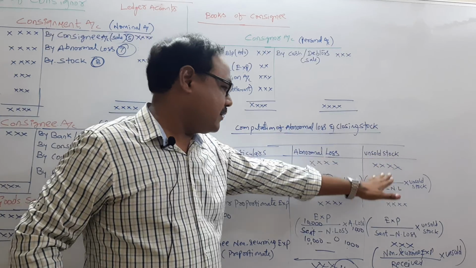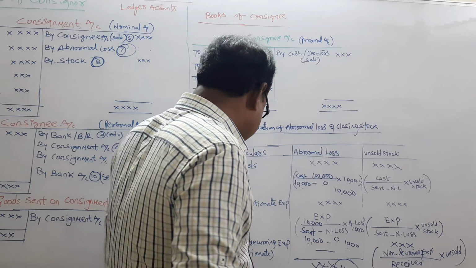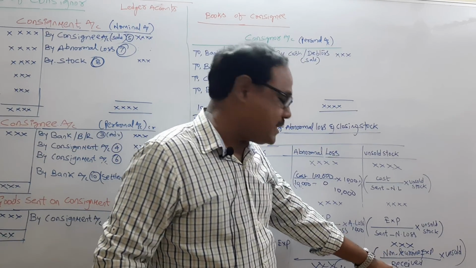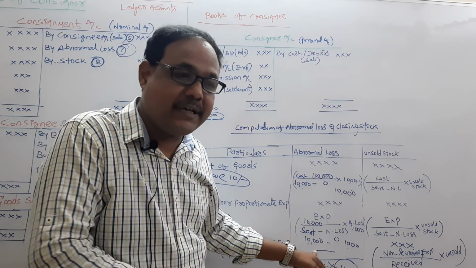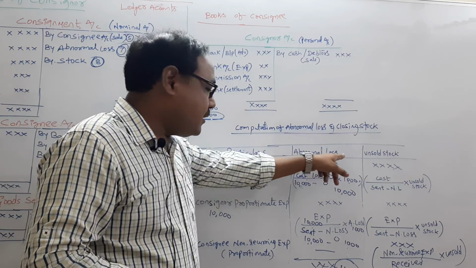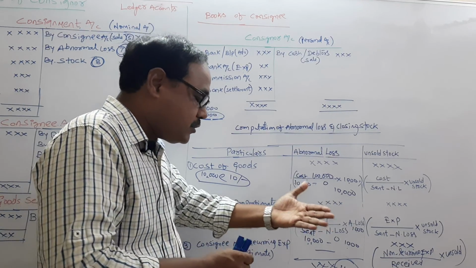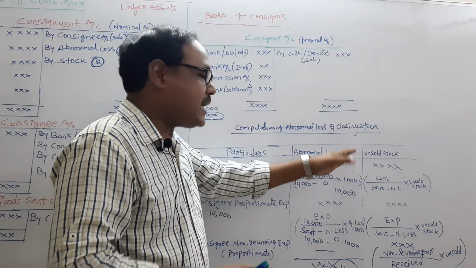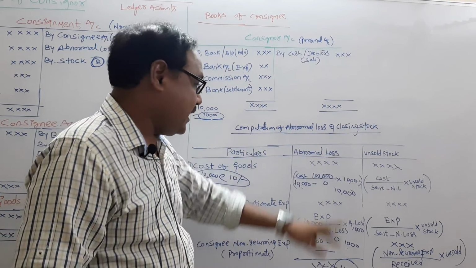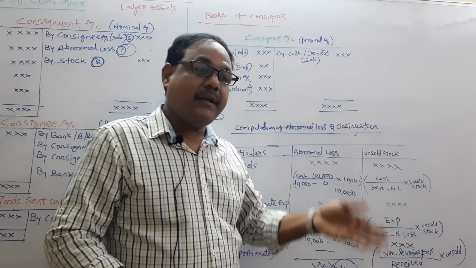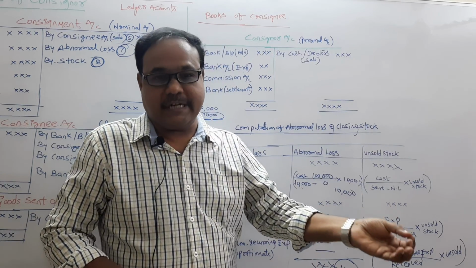The unsold stock calculation is also the same. Only one extra point is covered, that is consignee non-recurring expenses, which you have to consider. Here they are not considered, because on these lost units the consignee did not spend any amount. Before the goods reached the consignee, the loss happened. After goods reach the consignee, if there is any abnormal loss, then you should consider the consignee's non-recurring expenses proportionately.